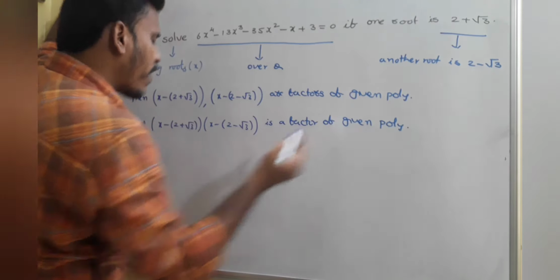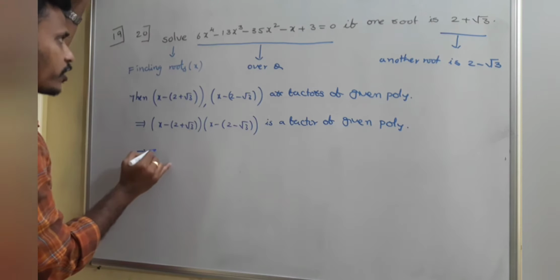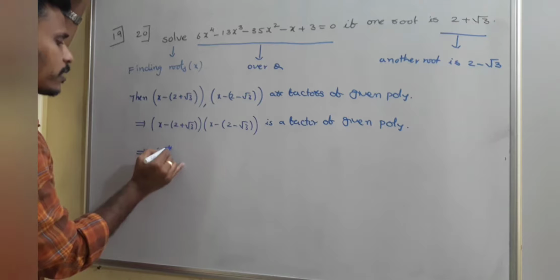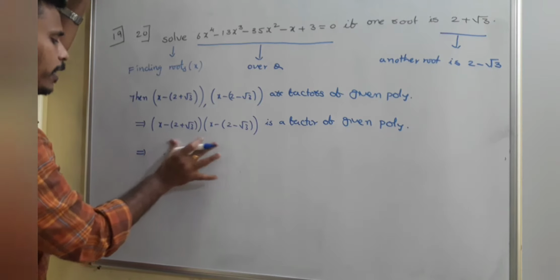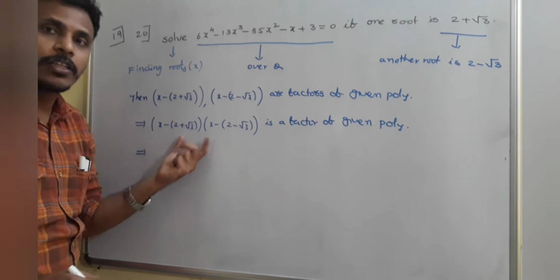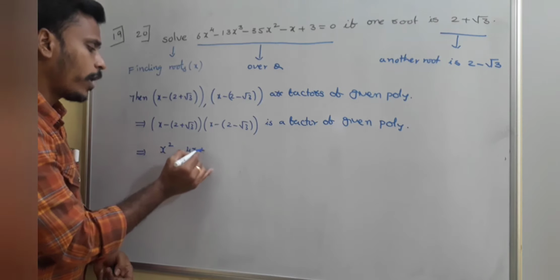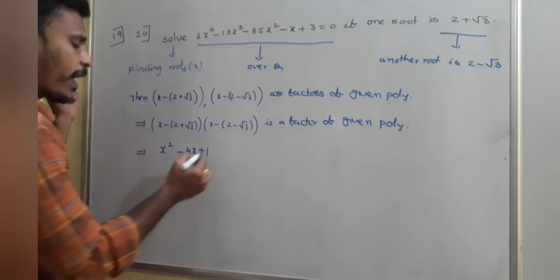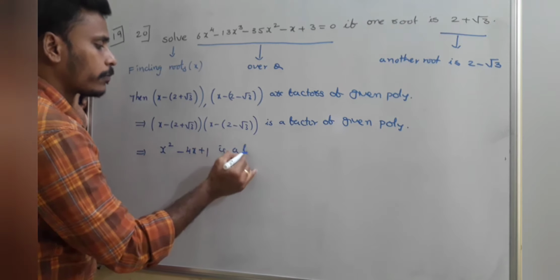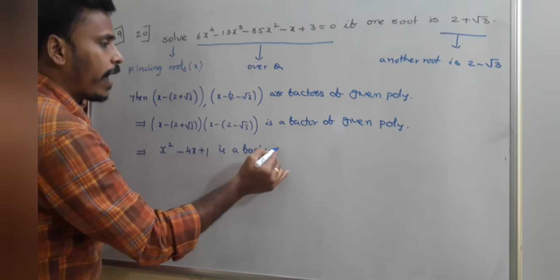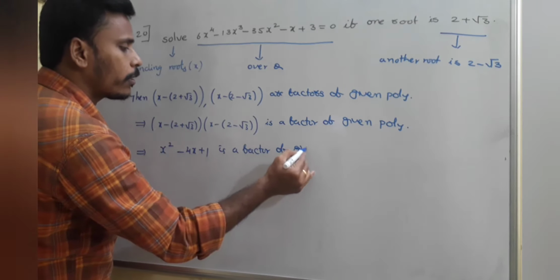If you multiply these two, just as we discussed in the previous case, x^2 - 4x + 1 is a factor of the given polynomial.